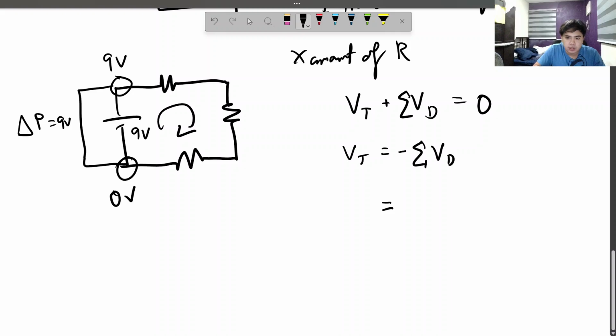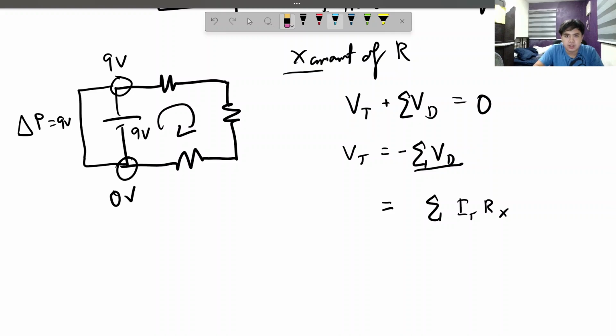This would be the current times resistance. X is the X amount of R, so it's the number of all the resistors cycling through it. Now, since voltage drop is a negative quantity, we can say this is positive since current is positive. Going from here to here, it's actually VD is negative the current of the entire thing times Rx.